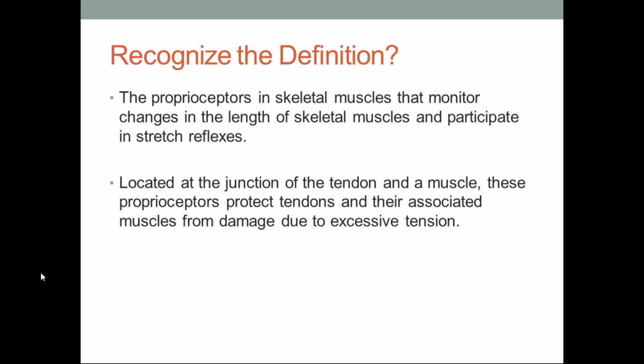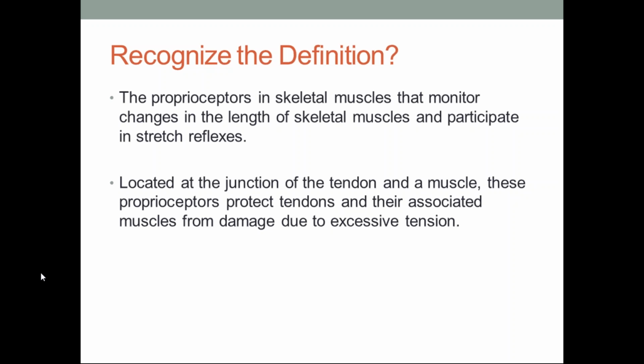All right, can you recognize these definitions? The proprioceptors in skeletal muscles that monitor changes in the length of skeletal muscles and participate in stretch reflexes. Spindles. Located at the junction of the tendon and a muscle, these proprioceptors protect tendons and their associated muscles from damage due to excessive tension. Boom, GTO.